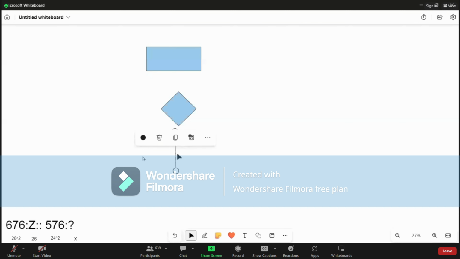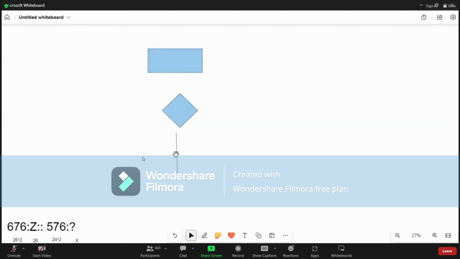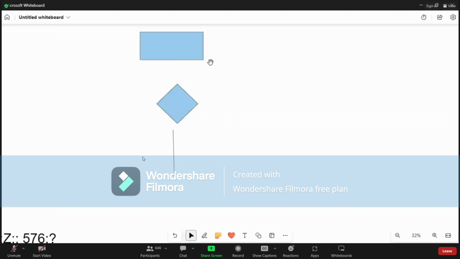These are the most common that you are going to see. The rectangle is used to carry information regarding a process.